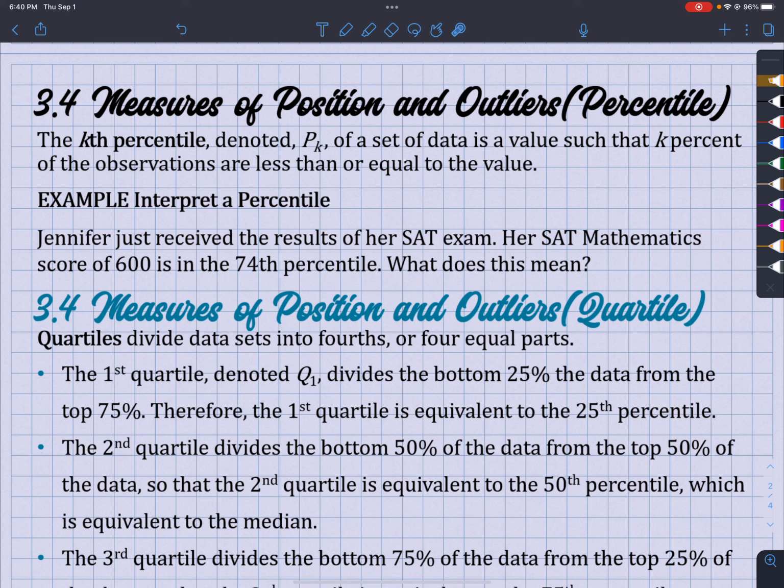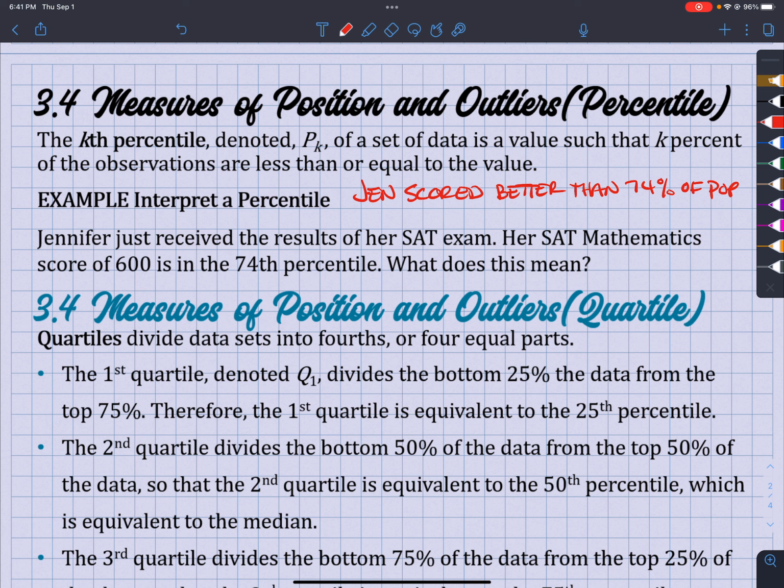What does that mean? Well, it could mean several things. First, Jennifer scored better than 74% of the population. Okay, we can say that.